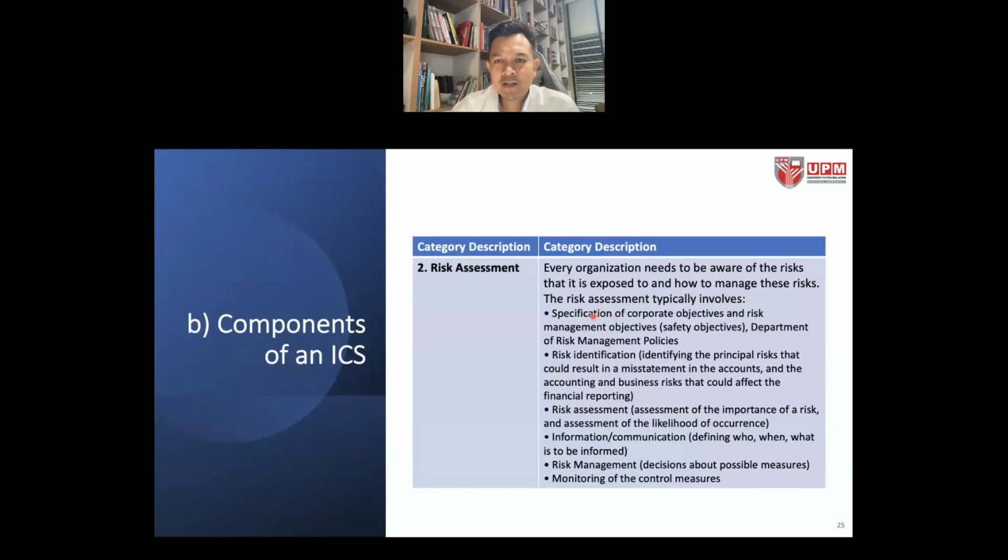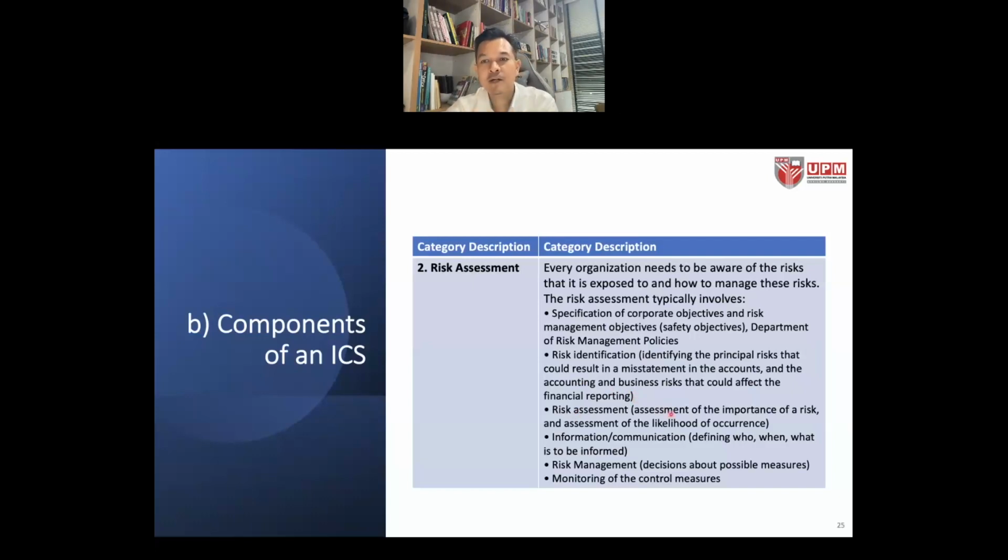In terms of ICS, risk assessment typically involves specification of corporate objectives, risk management objectives, which normally include safety objectives, risk management policies, and risk identification, identifying the principal risks that could result in misstatement of the accounts, and the accounting and business risks that could affect financial reporting, because humans can also make errors in terms of financial reporting.